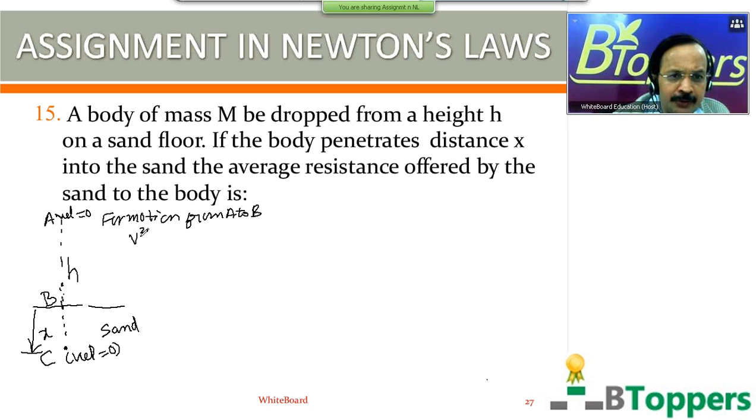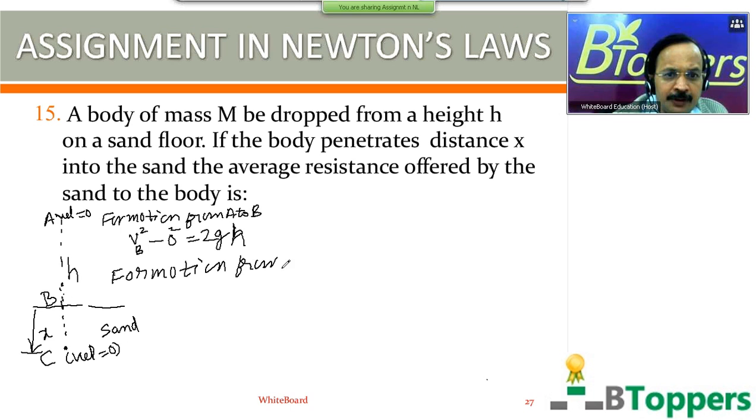Using the formula v squared minus u squared equals 2as, the square of the velocity at B minus the initial velocity, which is 0, is equal to 2g times h. So the square of the velocity at B is 2gh. That can be taken as the initial velocity for motion from B to C in sand.